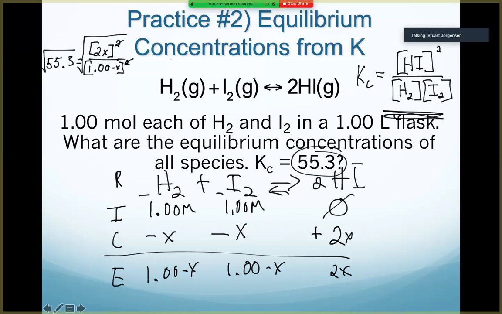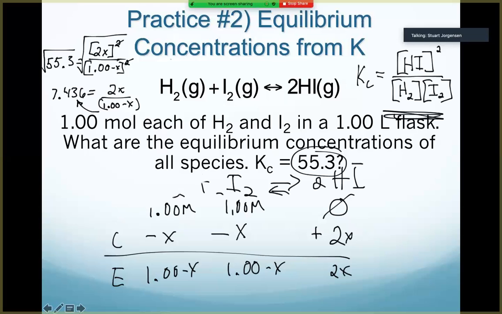Square root of 55.3 comes out to 7.436. And that's going to equal our 2X all over 1.00 minus X. I can distribute up this 1.00 minus X. Let me erase here a little bit to give myself a little bit more room.